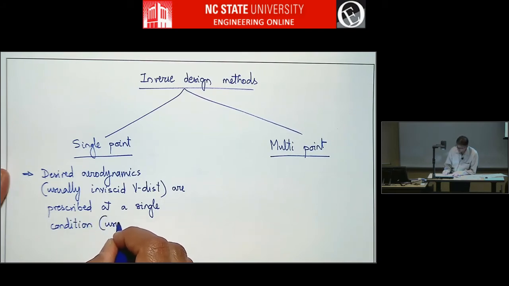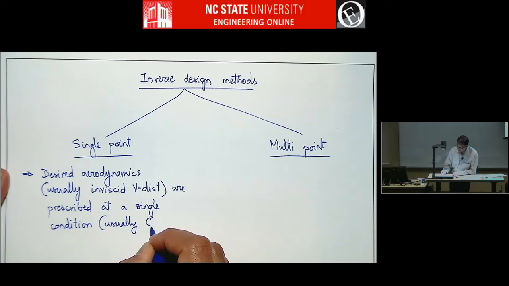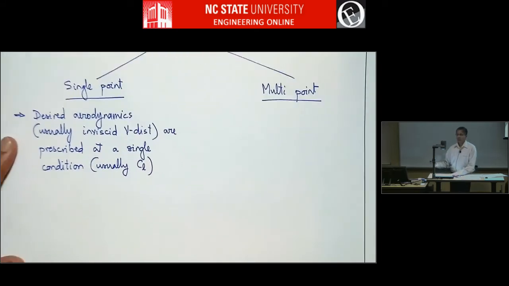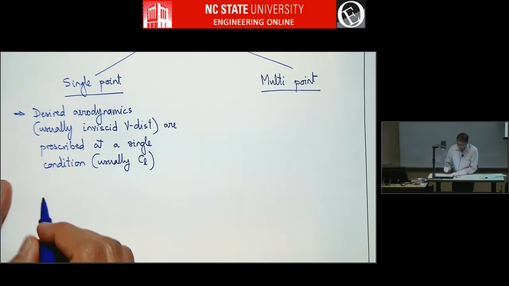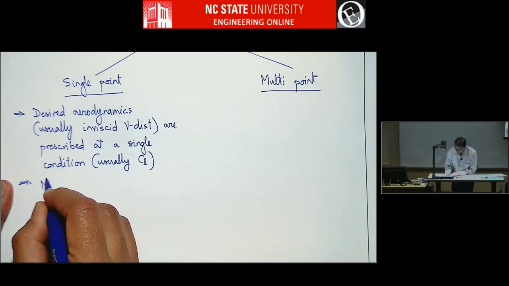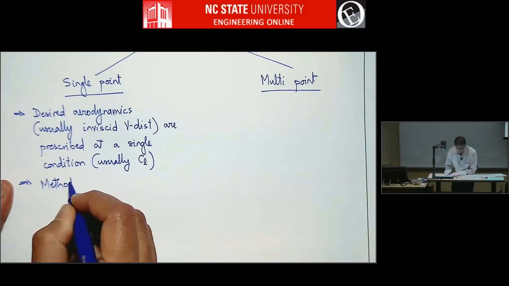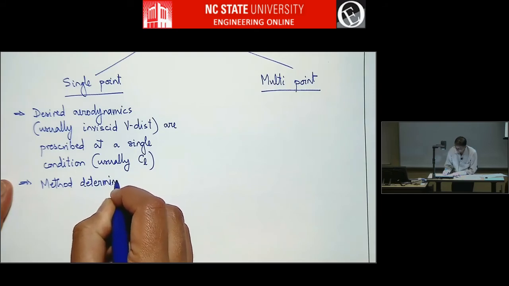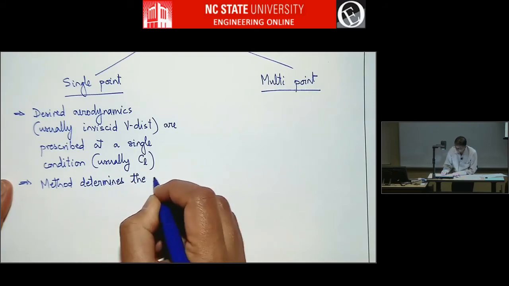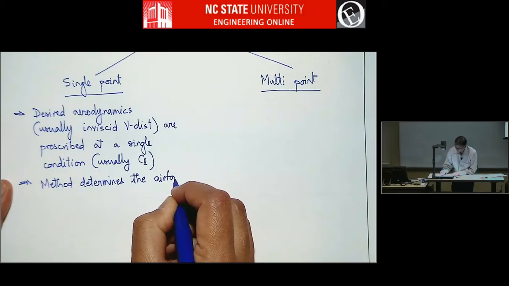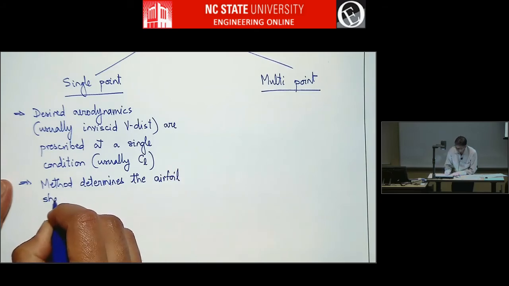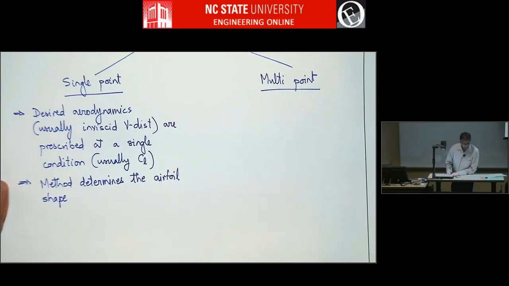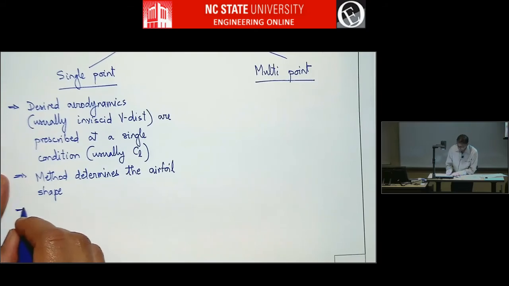So usually you'll say at a lift coefficient of, say, 0.5, I want this velocity distribution. And when you do that, the method will determine the airfoil shape and performance.